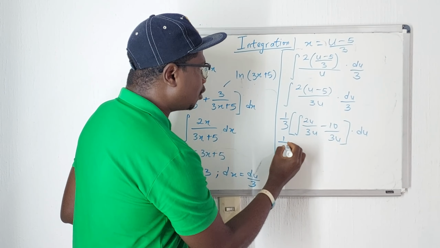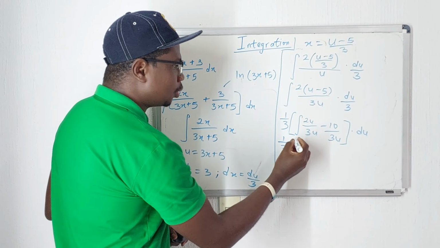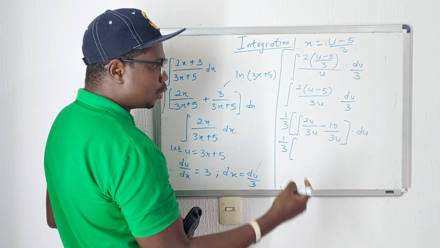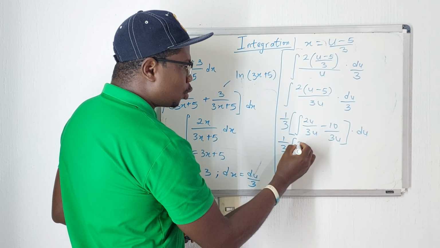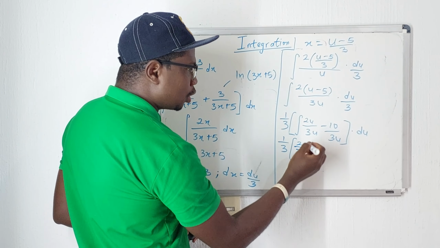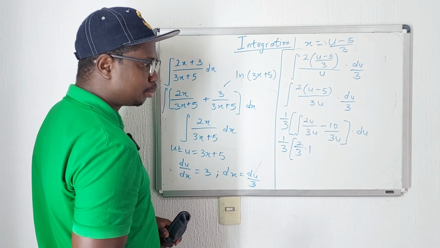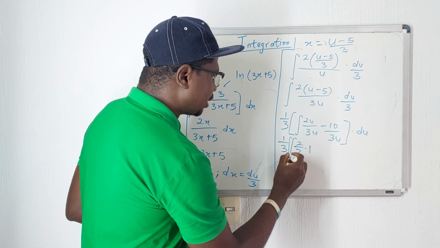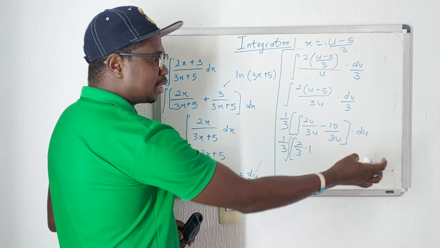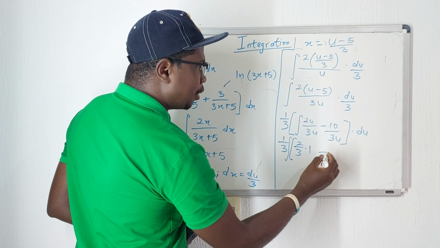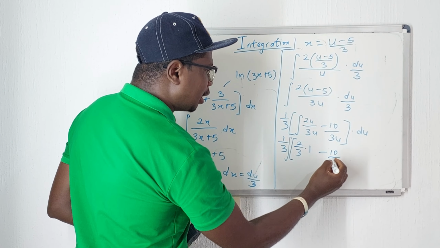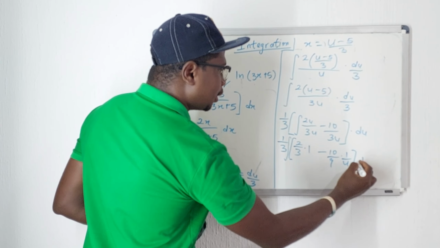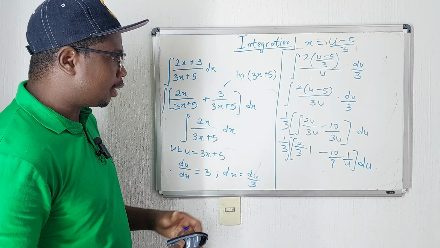So I have 1 over 3 into bracket. 2 divided by 3 is what? So I can say 2 over 3 dot u divided by u is what? 1. And put my integral sign here, because it's integration affecting, we have not integrated yet. Minus, this is 10 over 9 dot 1 over u du, right?